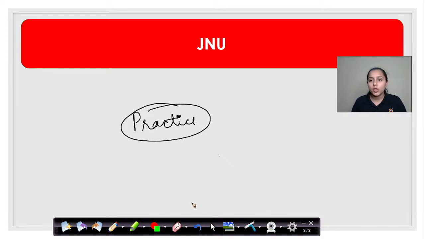So regarding practice, we also give you full length tests, full MCQ tests. The weekly tests also happen here at Ecoholics because we believe that without practicing questions the way they come in the exam, no one can actually be prepared or fit for the exam. So you can do previous year questions also, whichever exam you're targeting, you can definitely go and practice questions from there.